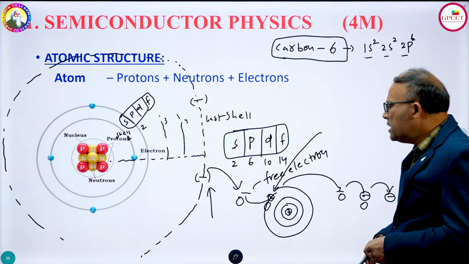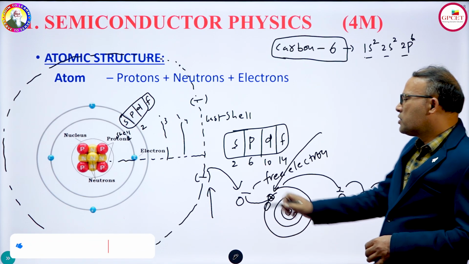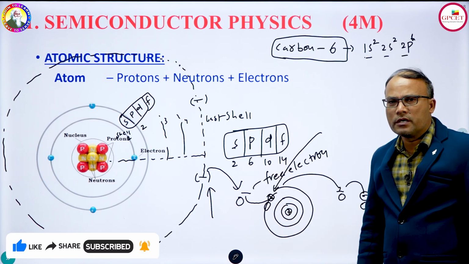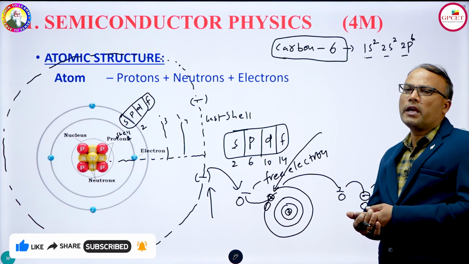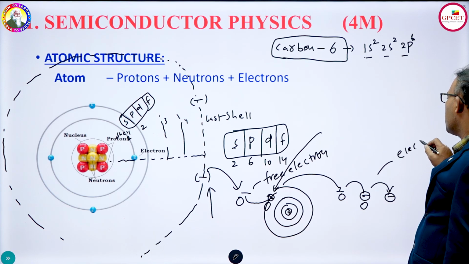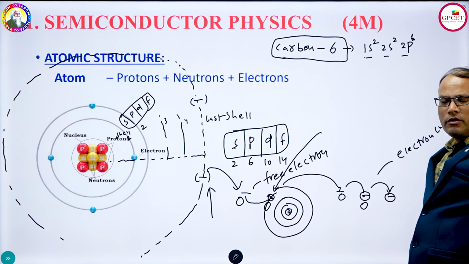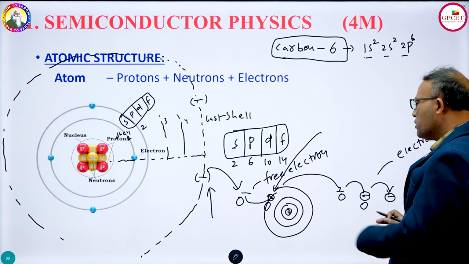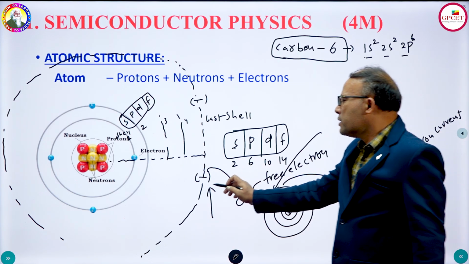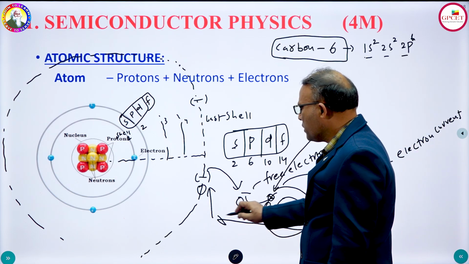This is a continuous process happening in the atmosphere. If the electron jumps continuously from left to right, a continuous current flows. That current is called electron current. You can also see the holes moving from right to left, because a hole is left behind each time.